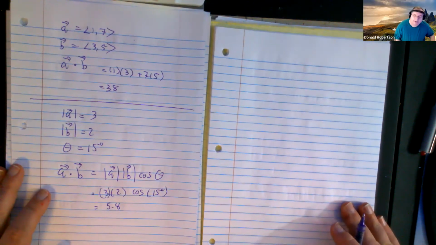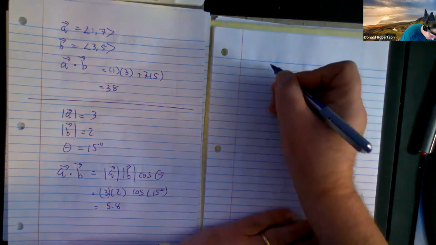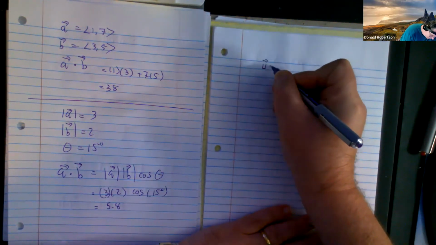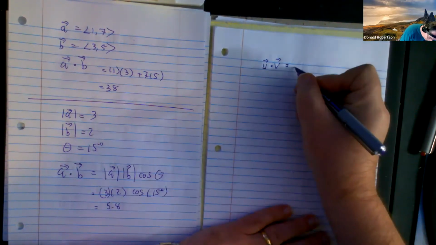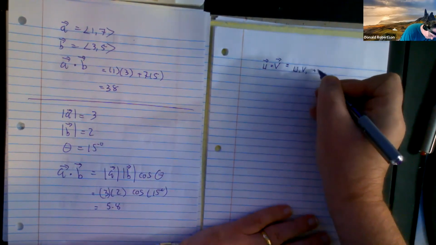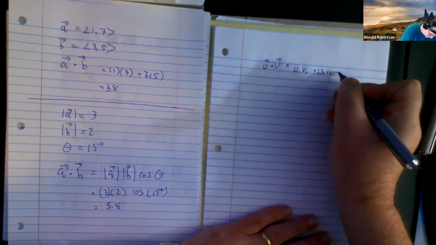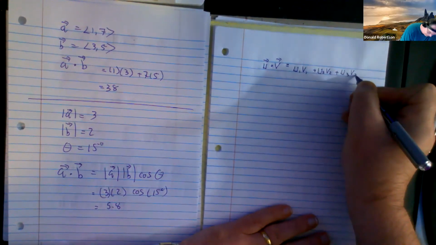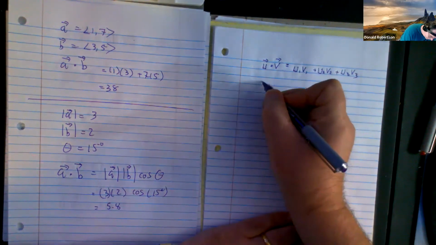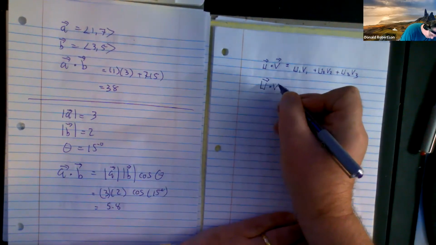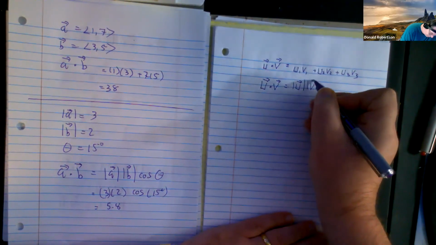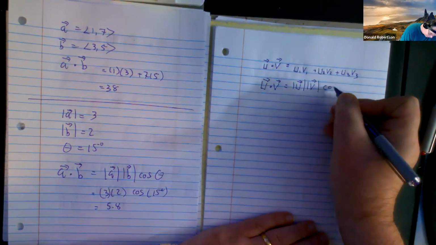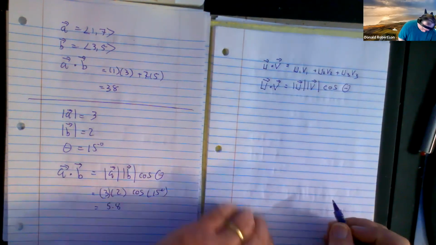Now, the real cool thing is when you put both formulas together. So let's show you how that works. U dot V is made up of U1 V1 plus U2 V2 plus U3 V3. The dot product is also the magnitude of U, the magnitude of V, and the cosine of the angle between them.